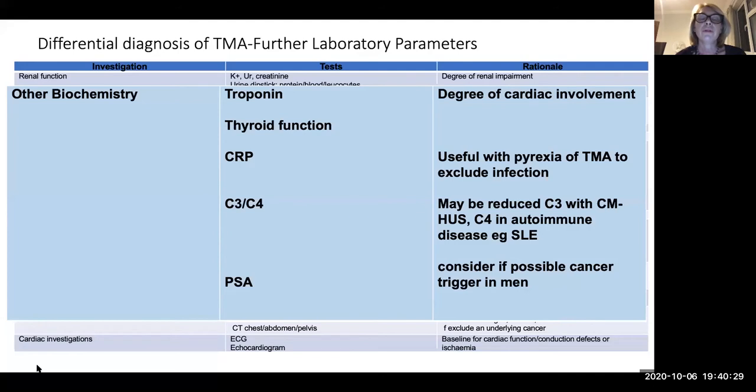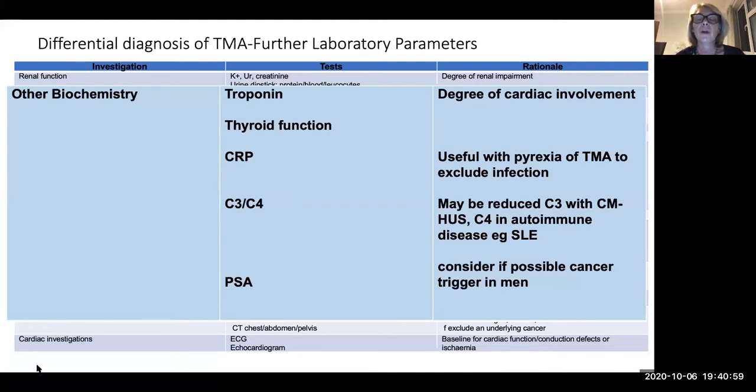We check thyroid function because having a low thyroid function is not uncommon. The CRP, or C-reactive protein: some of you may have been admitted to hospital with a temperature, and this is a useful test to tell us whether the temperature is not related to an underlying infection, or indeed that you have got an underlying infection and we need to treat that concurrently.